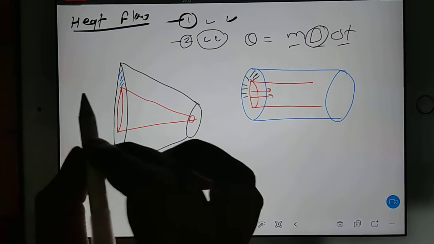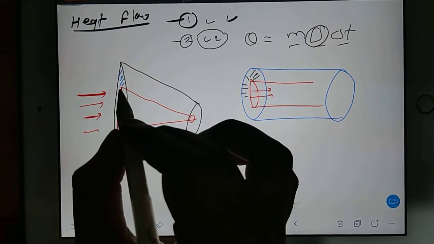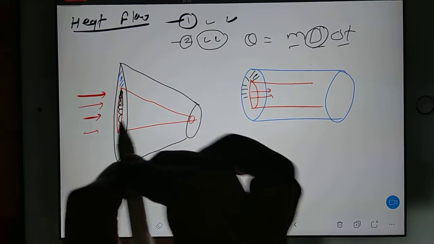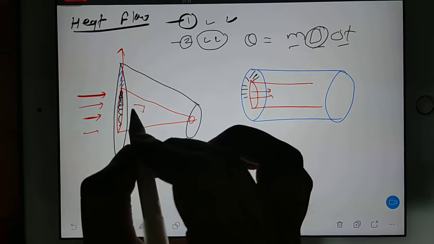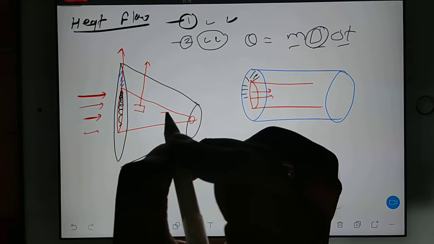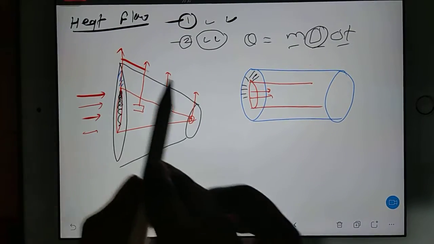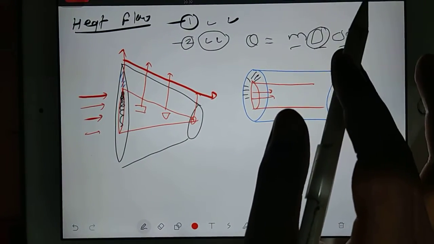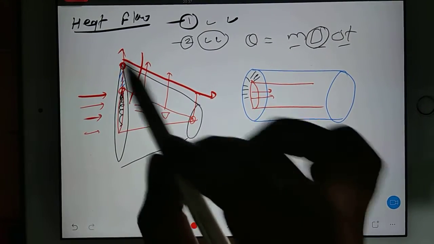The hot gases will come from the combustion chamber after the turbine, and come here at the inlet. Here also you will have heat loss when gases are here, and on the way you will have heat loss. Heat will be continuously flowing from the surface, from here to here.